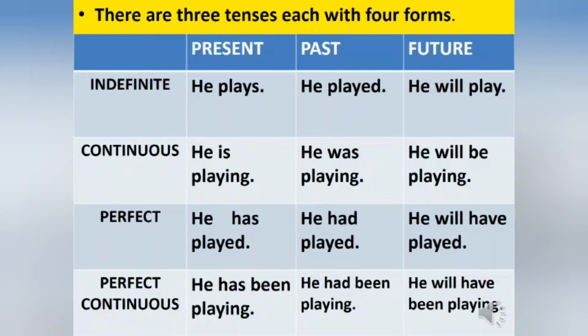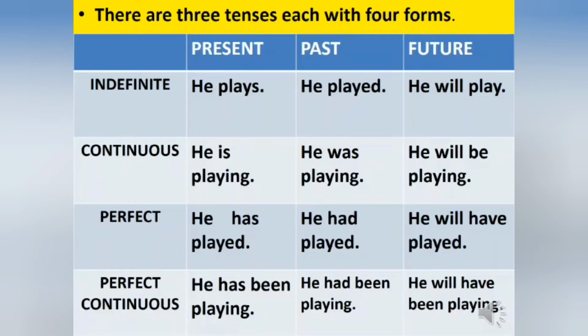Now we can see the indefinite, he plays. Actually, this is present tense. We always think that this is an actual action, but actually he plays is not an actual action of the present. It is a habitual action. Actually it does not happen in the present.